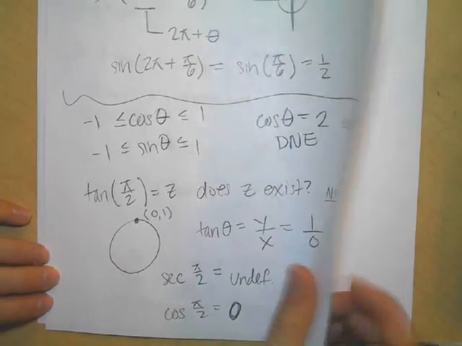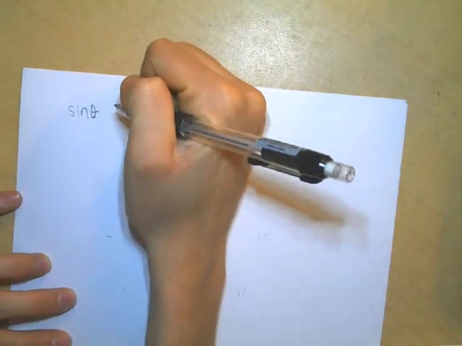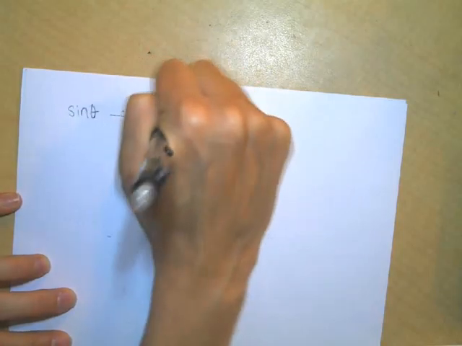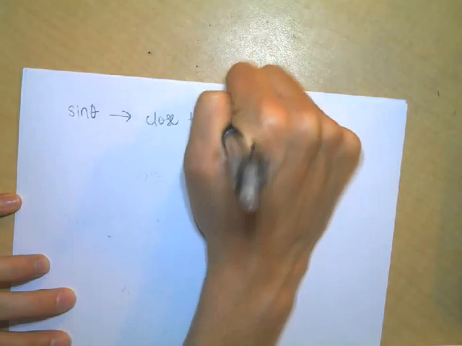And the last type of problem is, they ask you, like, what happens as sine of theta, let's say they say, sine of theta is close to 0. As sine of theta is close to 0, what's happening? To 0 degrees.